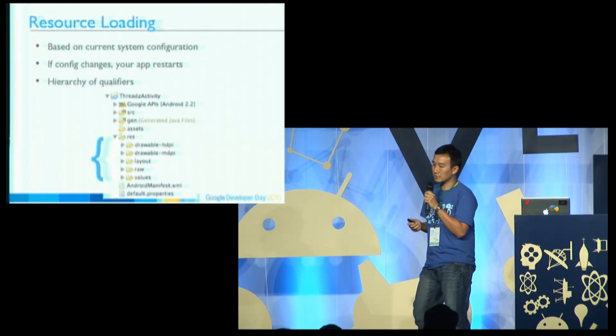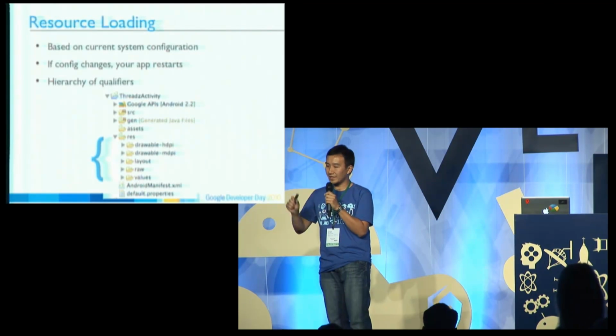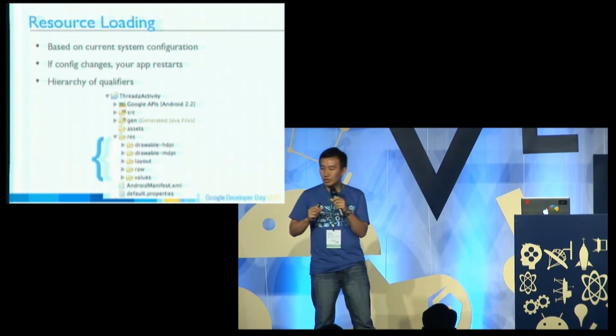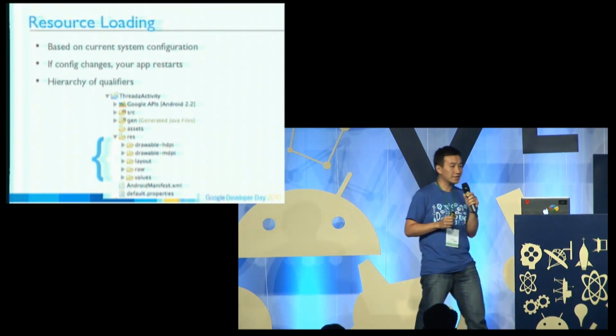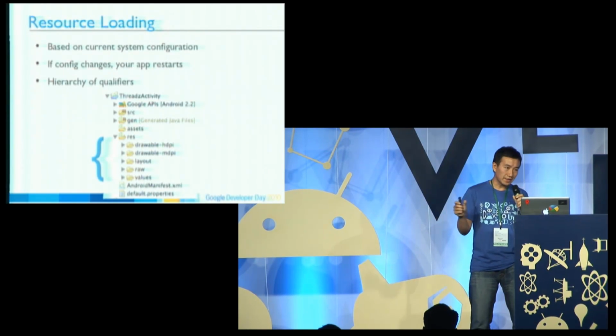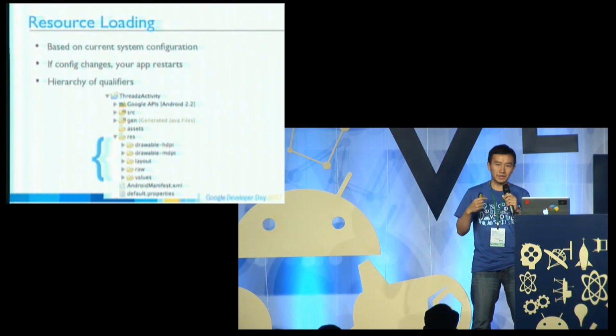And if you've noticed on this screenshot, specifically drawable, you see a couple of funny identifiers next to it, drawable-hdpi, drawable-mdpi. So what do these identifiers mean? Well, these qualifiers allow you to provide alternative resources for different configurations.